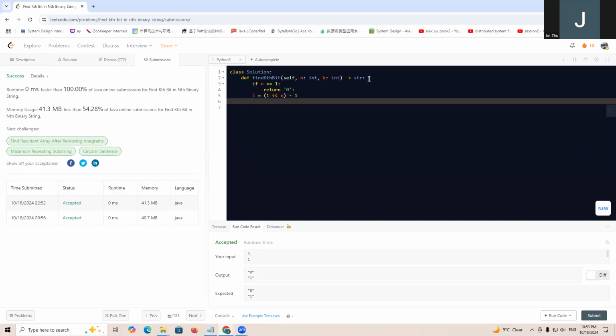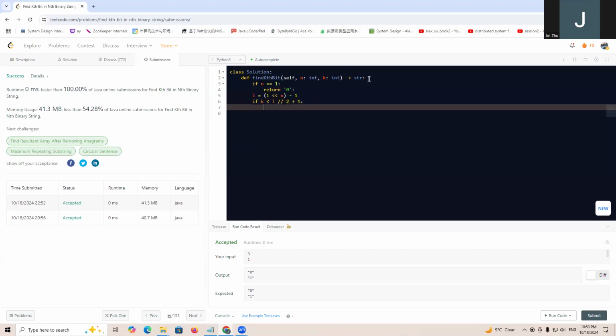If k is smaller than length divided by 2 plus 1, then we return the recursive call with n minus 1.